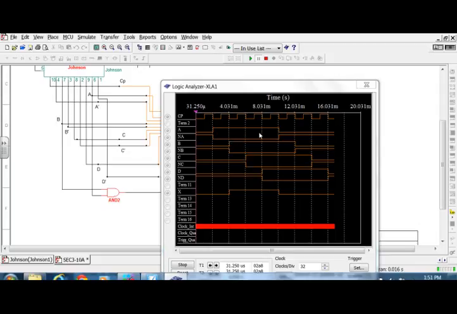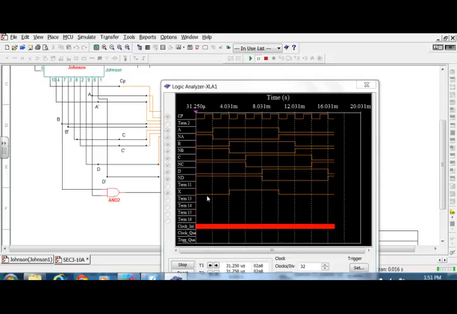Now, is it supposed to change on the negative trigger? Okay, so back to page 86. And we see the Johnson counter is in fact changing on the negative trigger. When the clock pulse goes down, everything moves over. So the Johnson counter is correct.